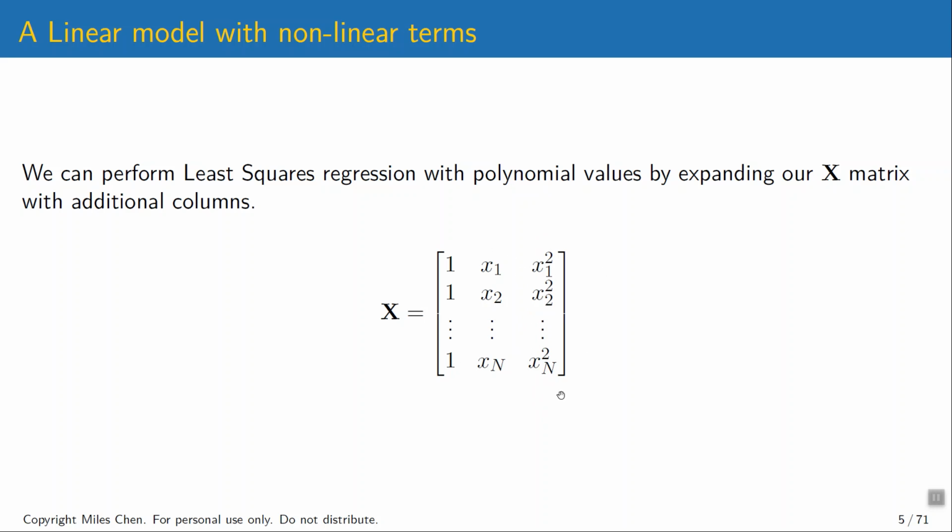So we're going to just expand our X matrix by adding a column for X squared. So this is your first observation, 1, X1, X1 squared, I'm sorry, 1, X2, and X2 squared, so on and so forth for all n observations, okay?